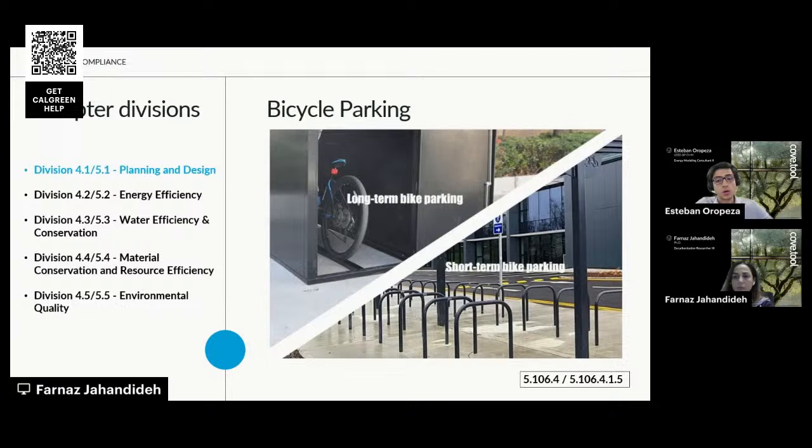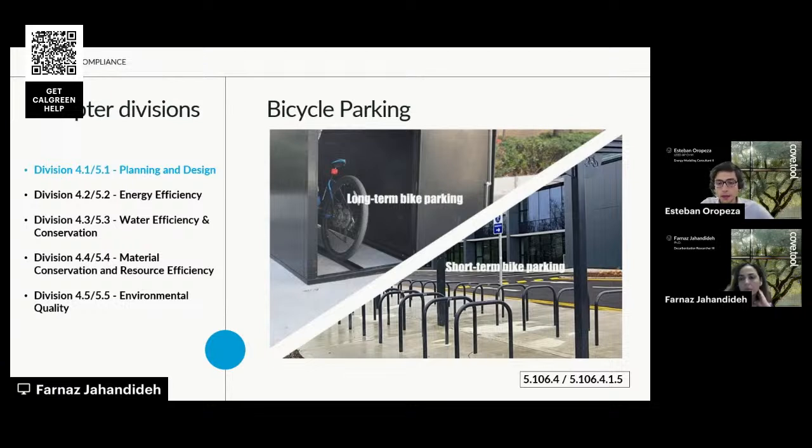So if you have a big open lot and it's for employees and guests, then you need to make a call on how many of those are applicable to guests and how many of those are applicable to employees. For other requirements, this is not the case. This is just a metric specific to parking numbers.